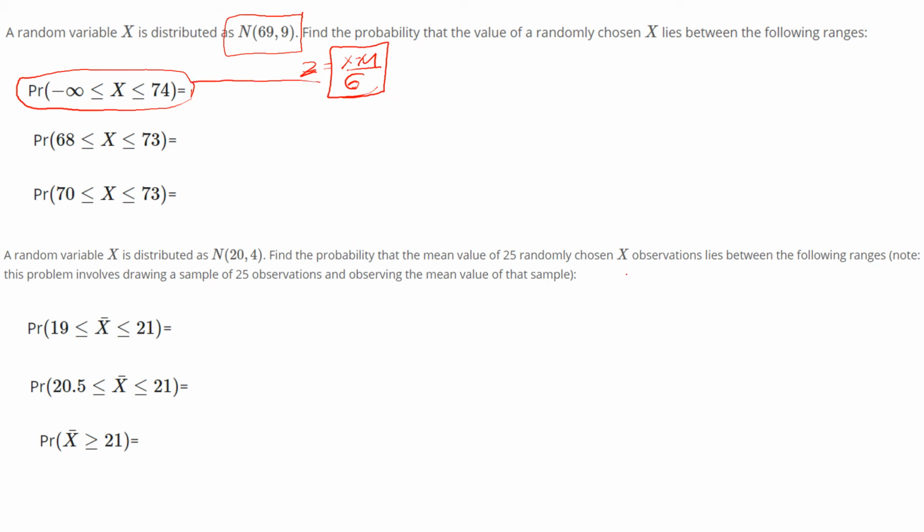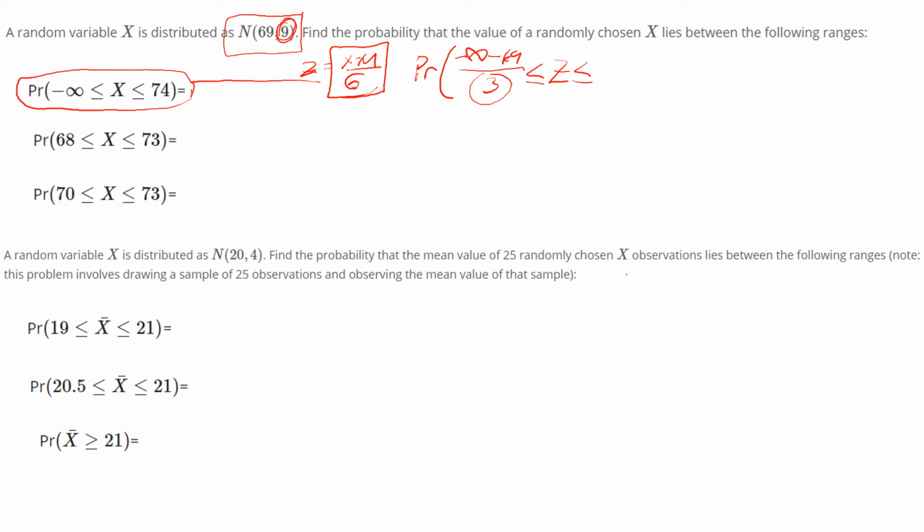So let's do that. Okay, so we'll say probability that z lies between -infinity minus 69 over 3. Remember, we are given the variance of 9, therefore the standard deviation is 3. And we are transforming the x variable to a z score.